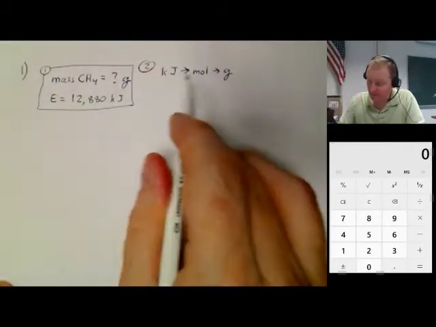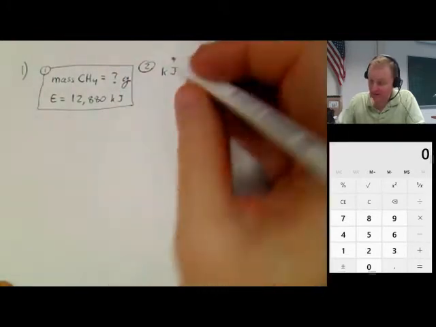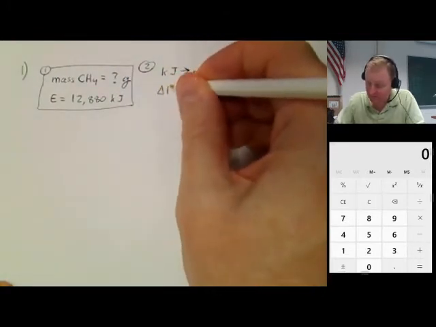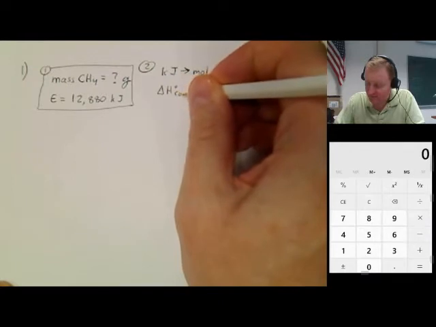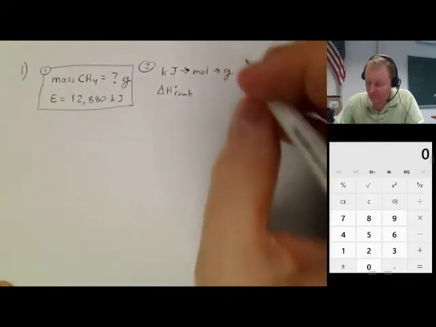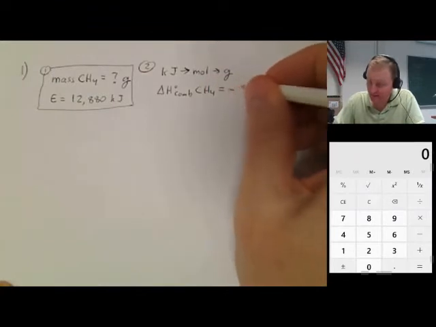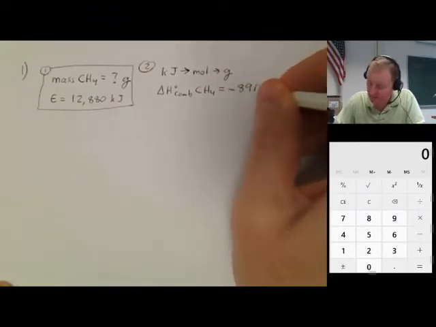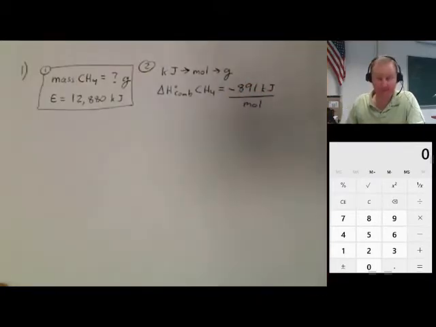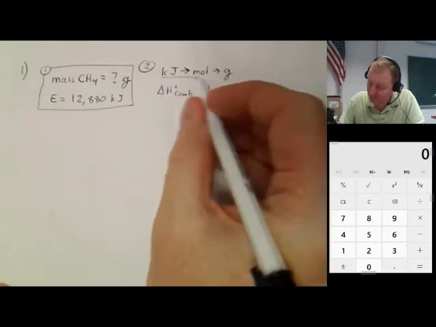On our table, we see that the enthalpy of combustion for methane was negative 891 kilojoules per mole.